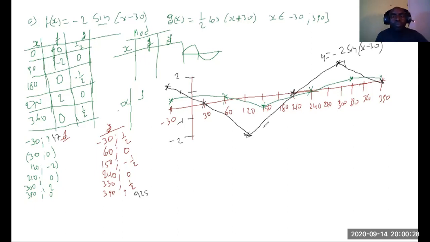Wow, a tough one. So this was y equals a half cos x plus 30. Okay, it's much better.